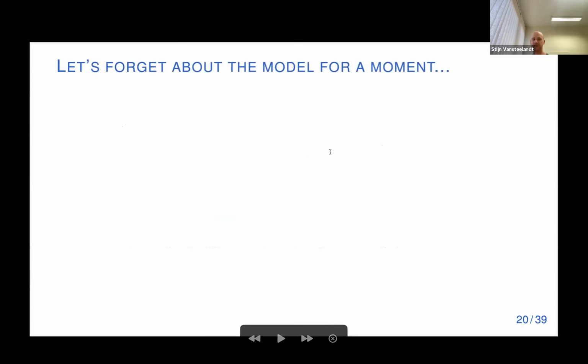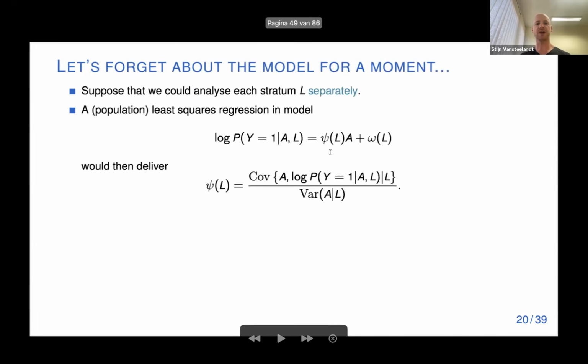So let me give you an impression of what estimands we will work with. Forget about the model for a moment, and suppose that we could analyze each stratum L separately. Then, to make sense of this coefficient psi of L, within stratum L we could do a least squares regression of the log risk on the exposure, and the ordinary least squares coefficient would look like the expression here.